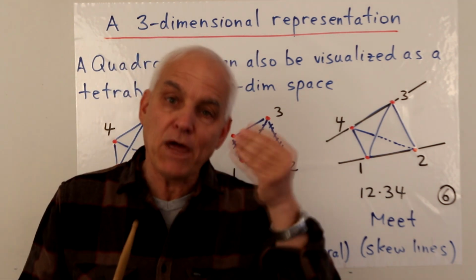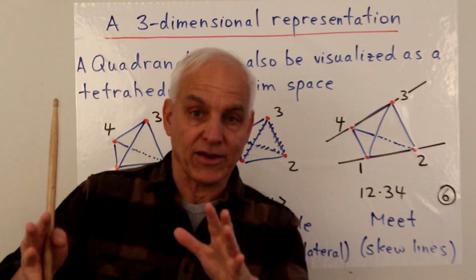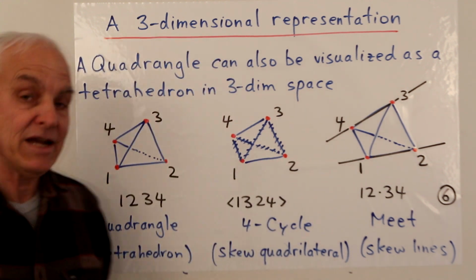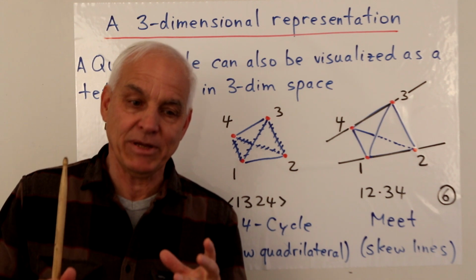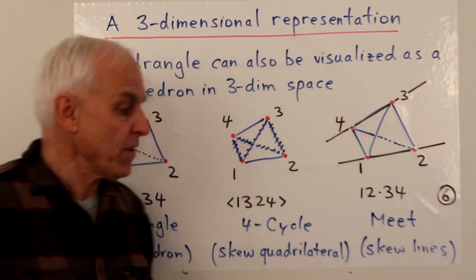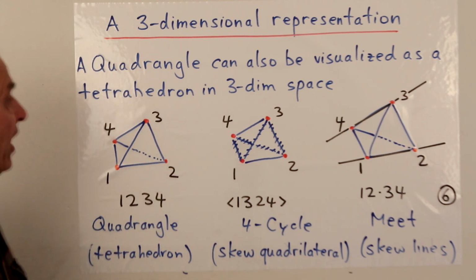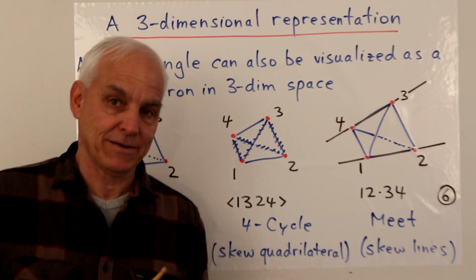So here is another way of interpreting this theory of 6 that we're building up. That involves a 3-dimensional representation. We go up in complexity a little bit and consider 3-dimensional things. So let's consider a quadrangle, which is 4 nodes, as a tetrahedron in 3-dimensional space.